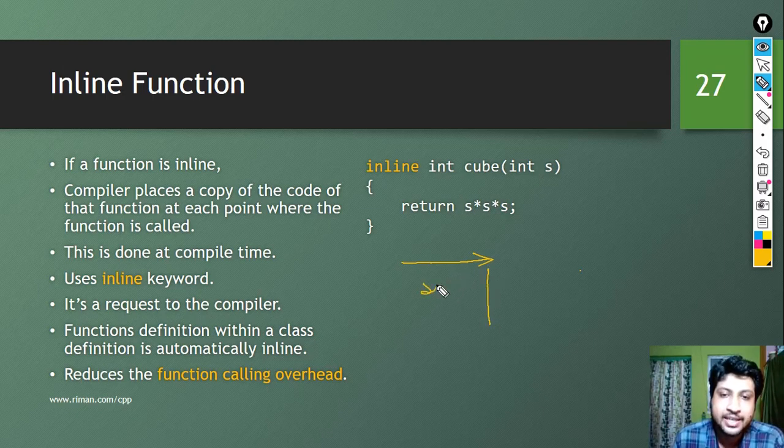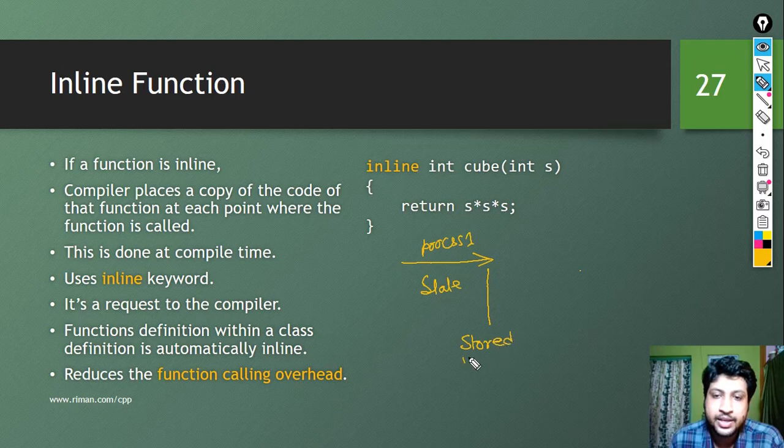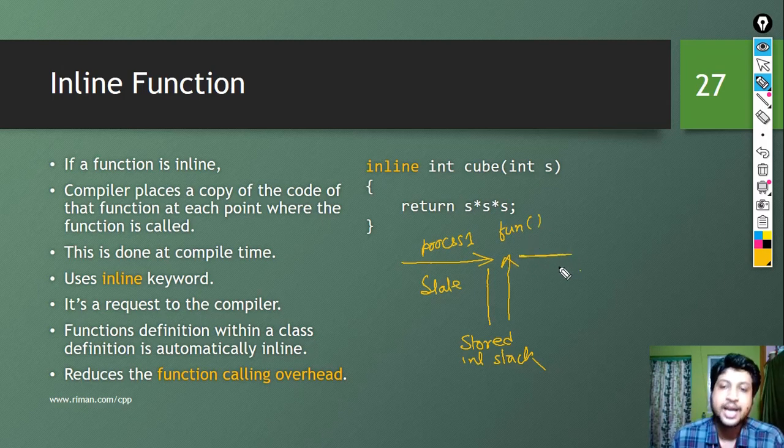Every state of this particular process is saved. Suppose process one is running. The states of process one will be stored in the stack, and the function that we have invoked will be stored in this section of memory, and then it is going to be executed.